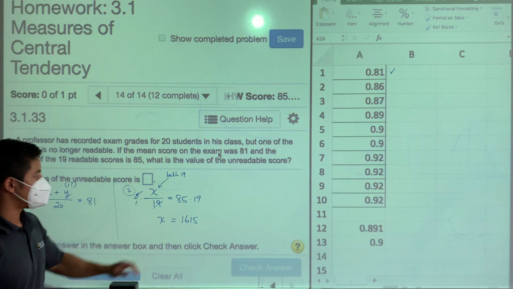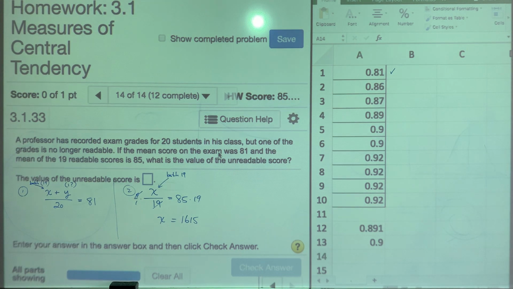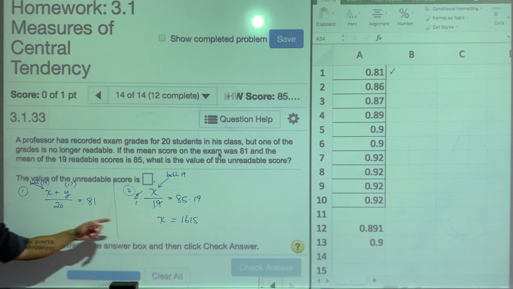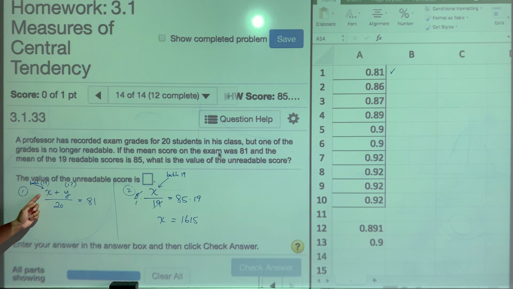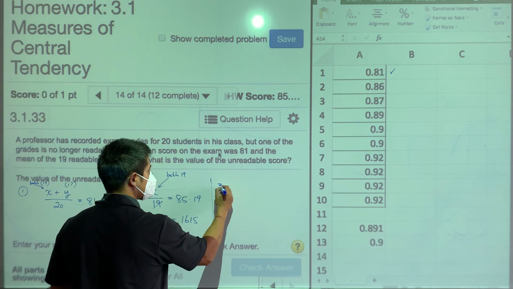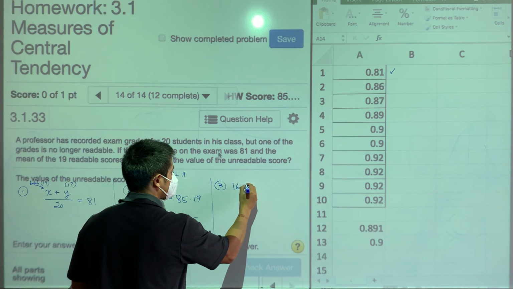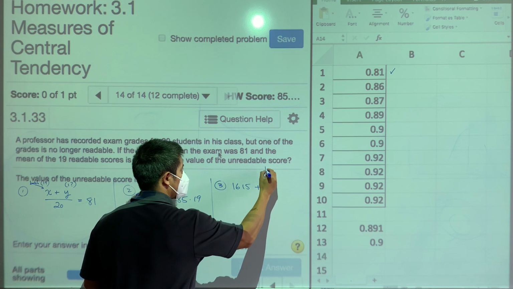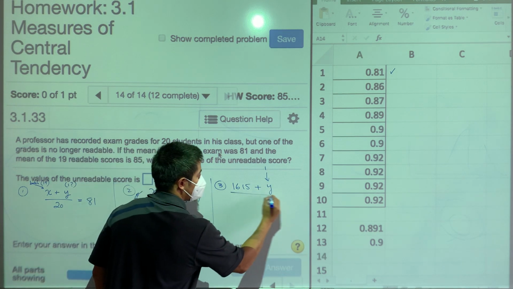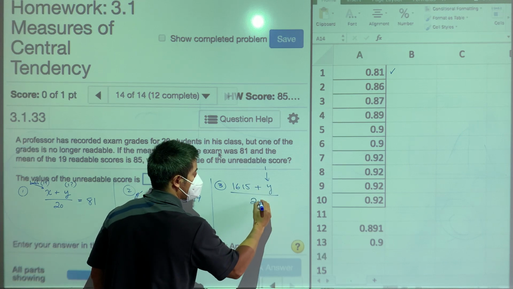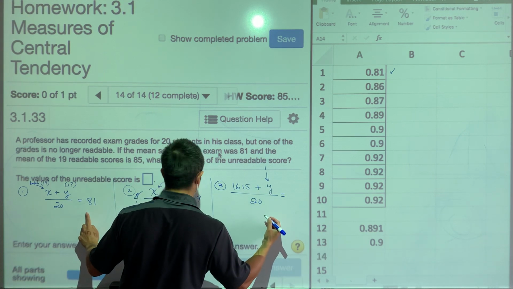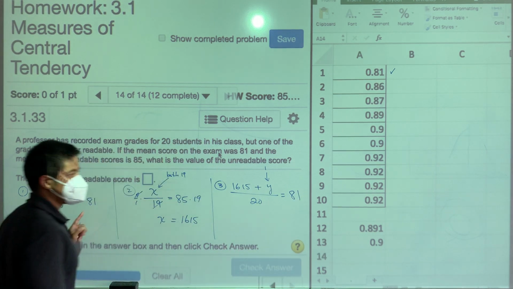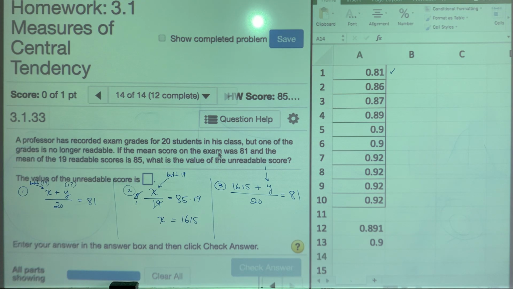Now what do you think we're going to do with that number? I'm going to stick this back into here. Because we know that 1615 plus my one missing score, if I average all that up, it's going to equal 81. You guys follow me?